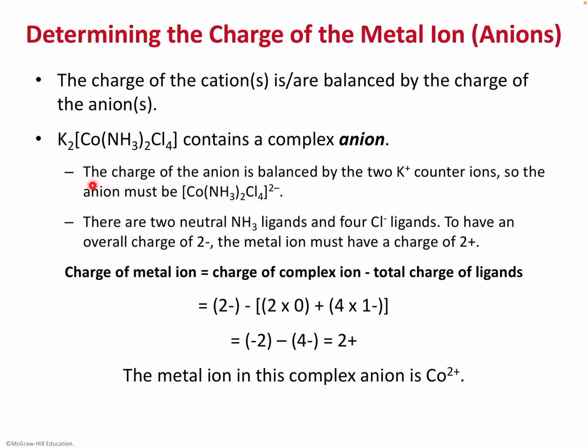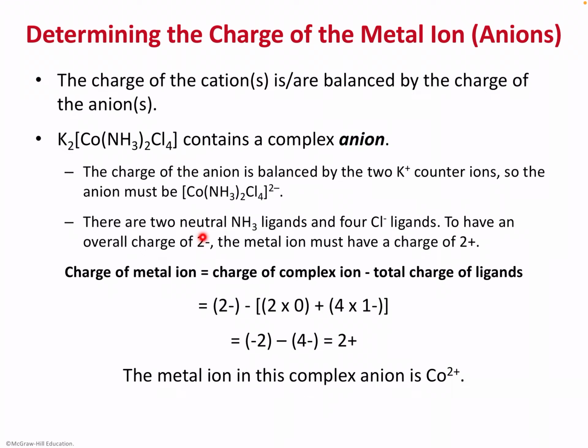The charge of this anion should be balanced by the two potassium counter ions. Each potassium is +1, so two potassium give +2. So the anion must be -2, and everything inside the complex ion should then be -2.